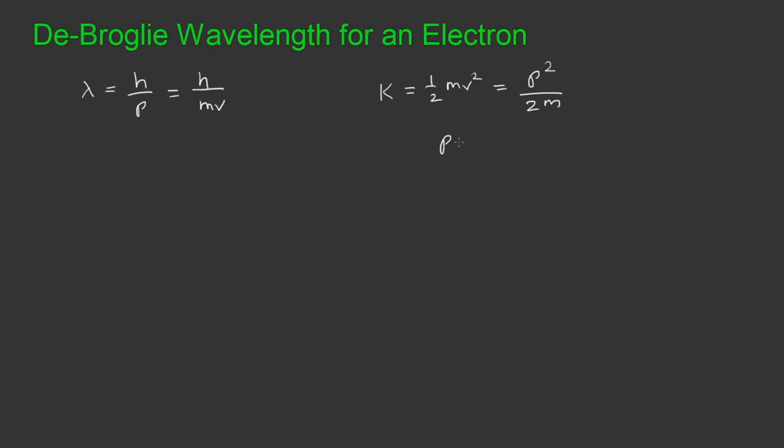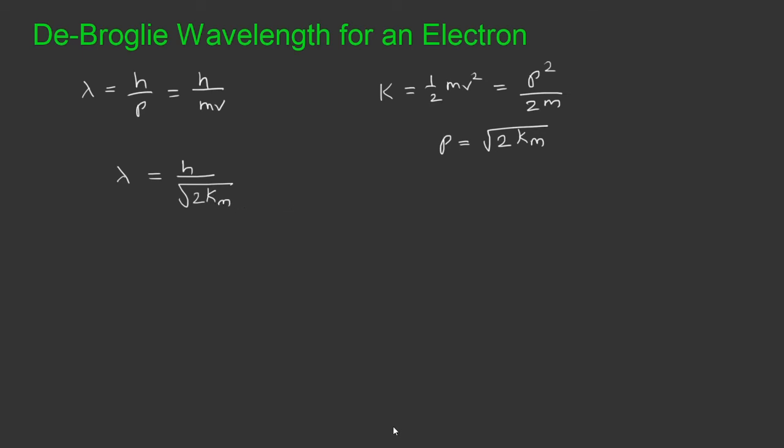Therefore, momentum p can be written as square root of 2Km. Therefore, we can write de Broglie's wavelength lambda is equal to h by square root of 2Km.